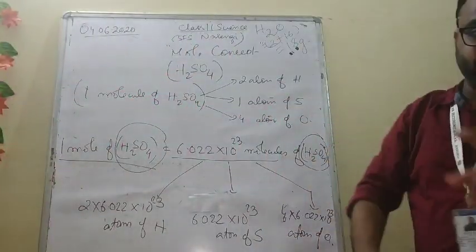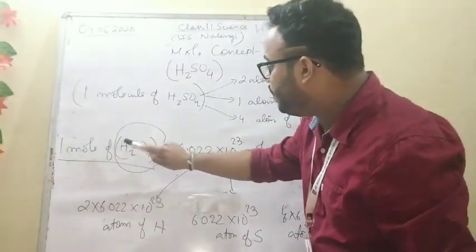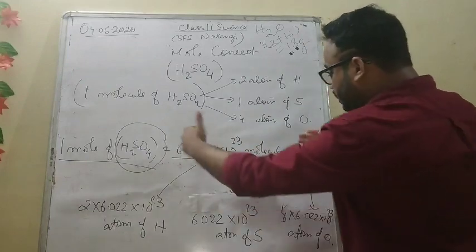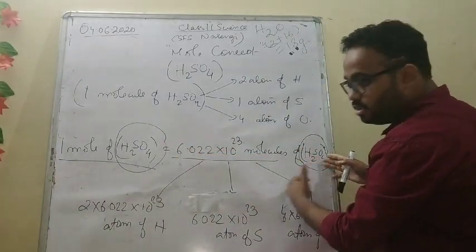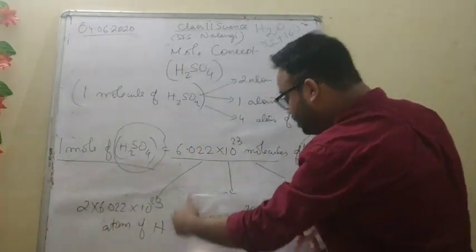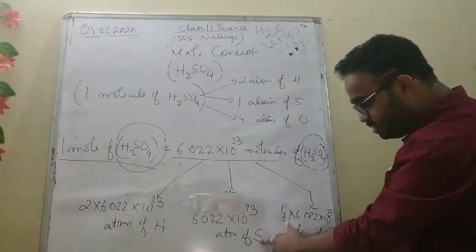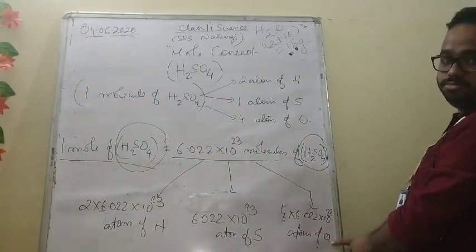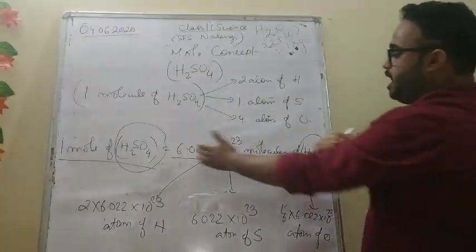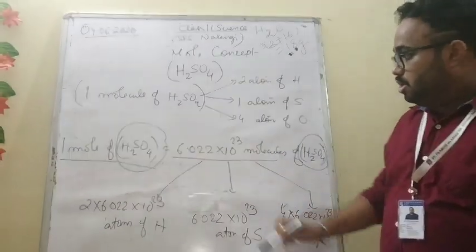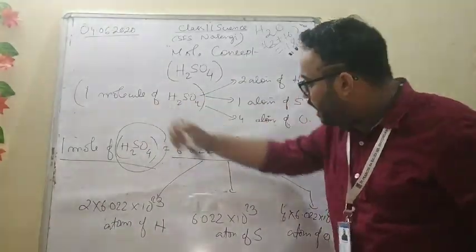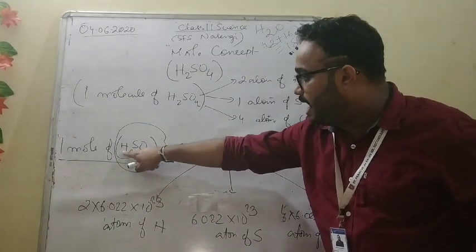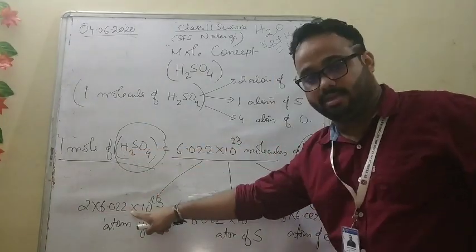Which means, students, see here, 1 mole of H2SO4 has this much of H2SO4, this much of H, this much of S, this much of O. और H2SO4 एज ए होल है इतना. तो अगर ये पूरा निकालना है तो ये, लेकिन अगर इसका निकालना है तो जो नंबर होगा उससे मल्टीप्लाई.